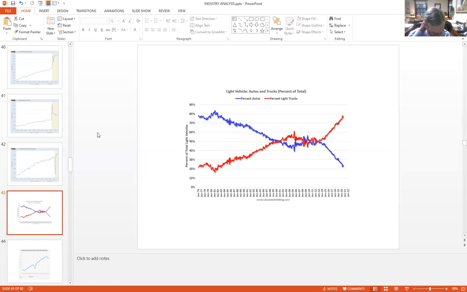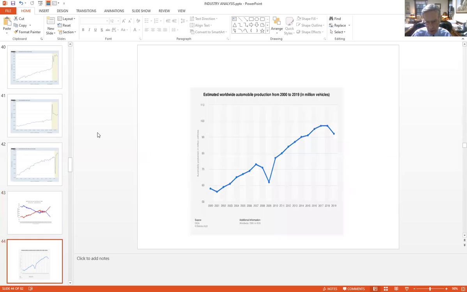This is similar to that diagram we looked at and saw the difference between generic drugs and proprietary drugs. There's a big difference between autos and light trucks in this industry.